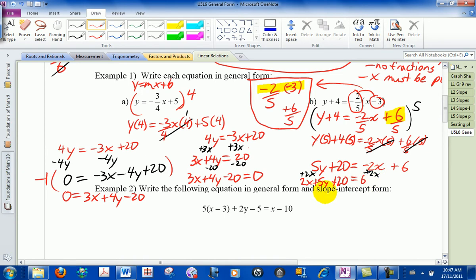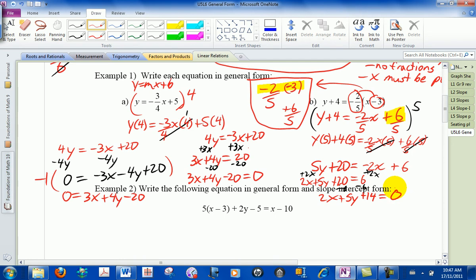Move the 6 to the other side. Do we add the 6 or subtract the 6? Subtract both sides. So we get 14 minus 14. And there's nothing on the right side, so it's equal to 0. And that's the general form.